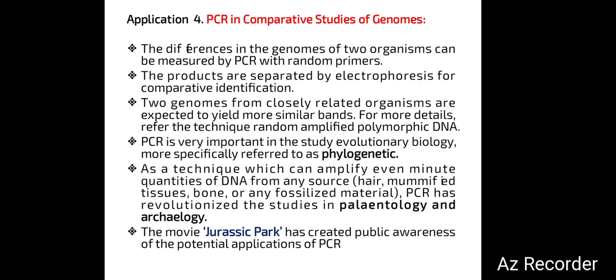PCR is very important in the study of evolutionary biology, more specifically referred to as phylogenetics, as a technique which can amplify even minute quantities of DNA from any source, from hair, tissues, bone, or any fossilized material. PCR has revolutionized these studies in paleontology and archaeology. The movie Jurassic Park has created public awareness of the potential applications of PCR.